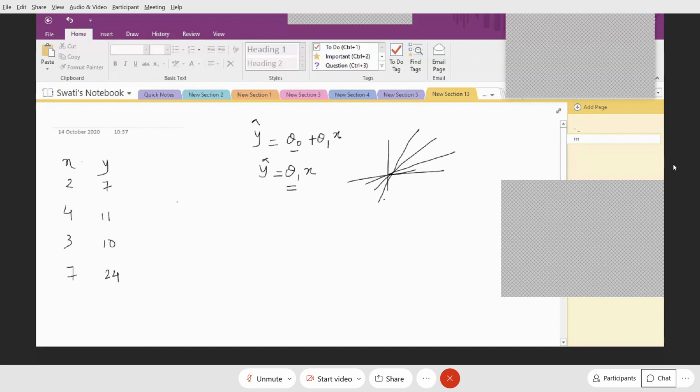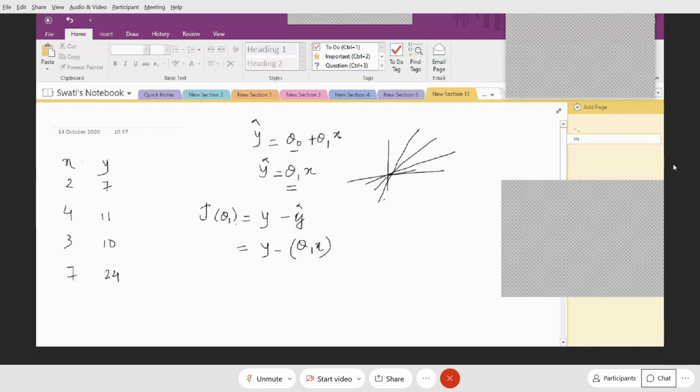Now suppose I take the value of theta 1 as 1. What is going to be my J theta? My J theta 1 is going to be the actual y minus my y cap, which is y minus theta 1 x, and the square of it.